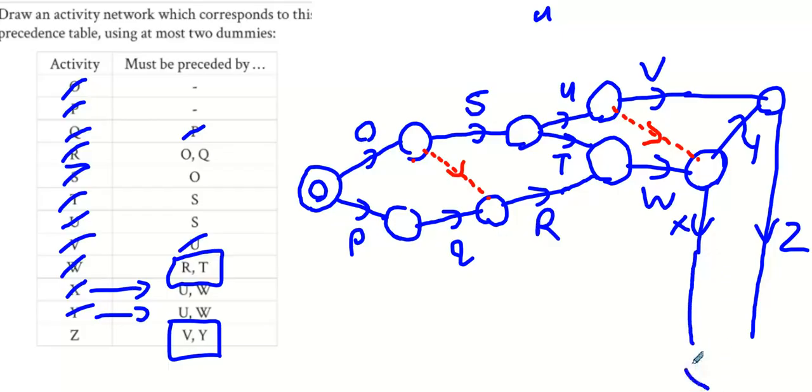Now, how do I know Z and X are, that's terrible looking. No, trust me. I'll get it for you in a second. So, X and Y converge and move Z out. And then I have an end circle.